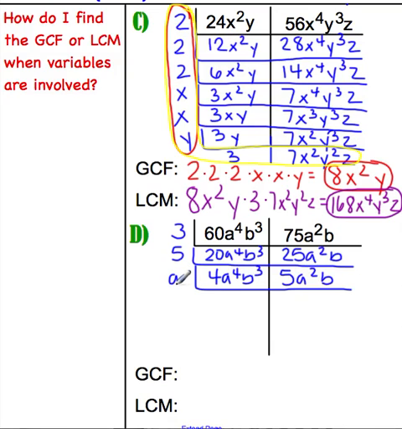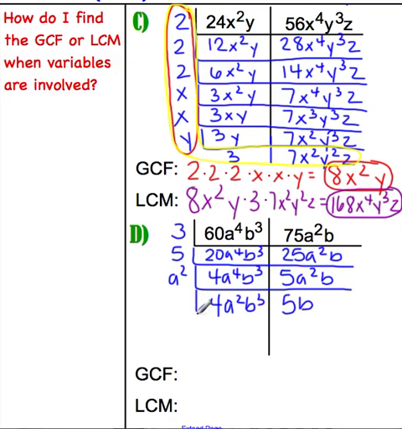So I'm going to divide out an a squared, which leaves me with 4a to the 4th, divide out the a squared, I still have a squared, plus the b cubed. And then 5, if I divide out the a squared, I don't have any a's left, but I have b.